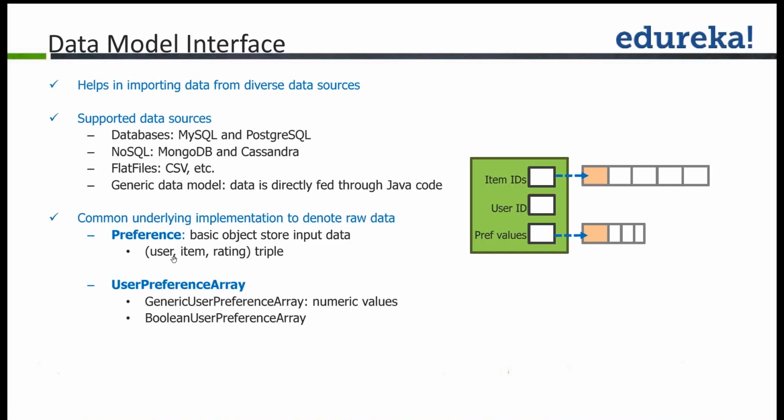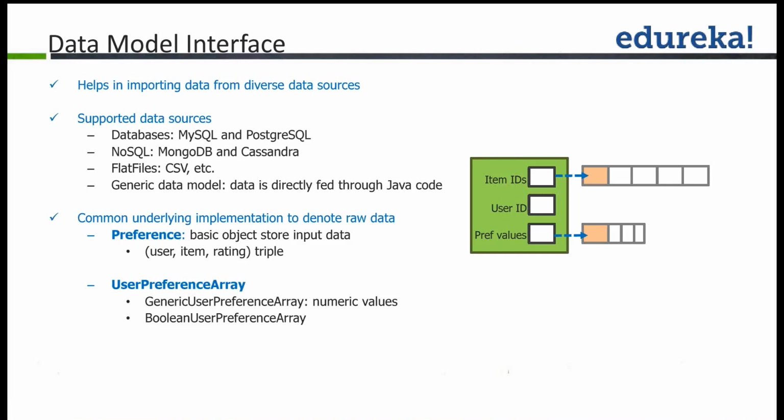In the case of Netflix, for example, users will be different accounts on Netflix, the items are movies, and the ratings are essentially how much rating a particular user has given to a particular item. So this is called a preference. You import data from your data sources and then represent them in the form of these triplets.